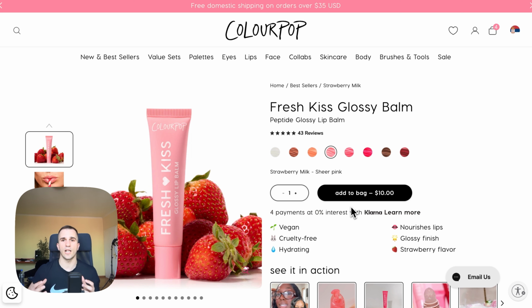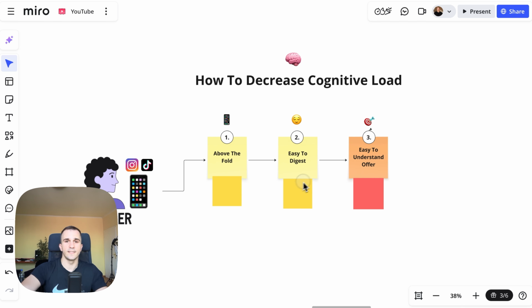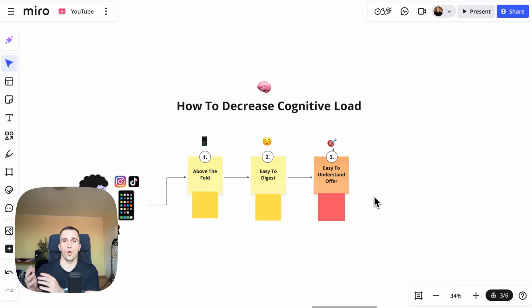And when your customers have to pay for your product, it's going to be less painful for them when they can pay in more installments rather than paying all at once. So make offers that reduce that cognitive friction, so how painful it feels to buy from you, and also make them very easy to understand, because if you have a great offer and it's hard to understand, it just doesn't matter because people will not understand it and take the opportunity. So these are the things that you can do in order to decrease your cognitive load.